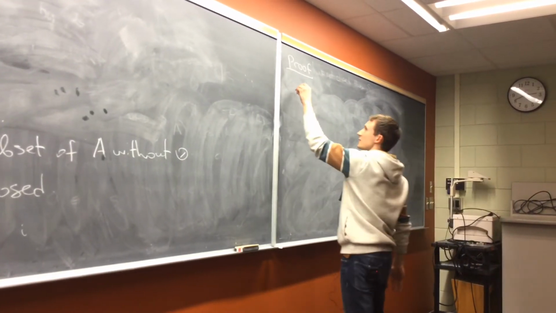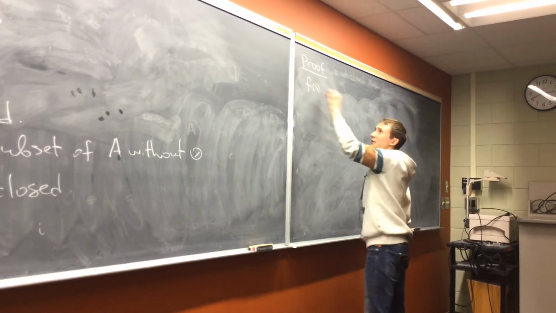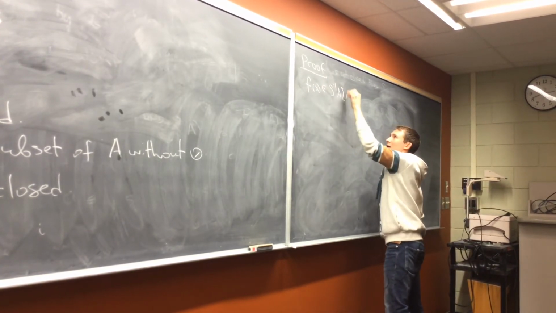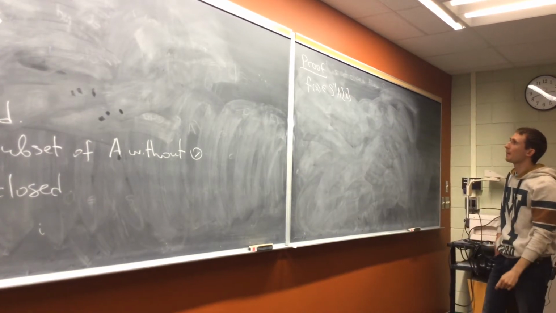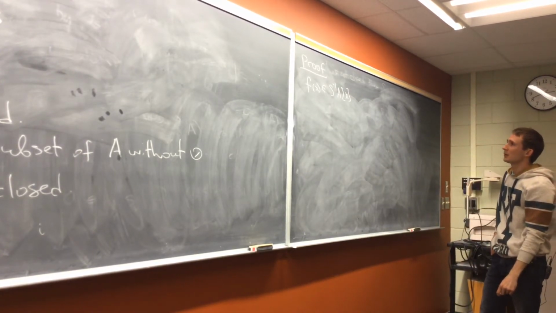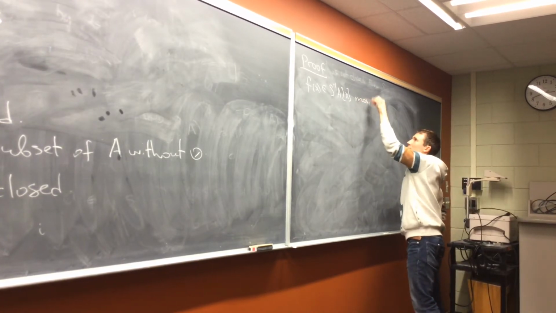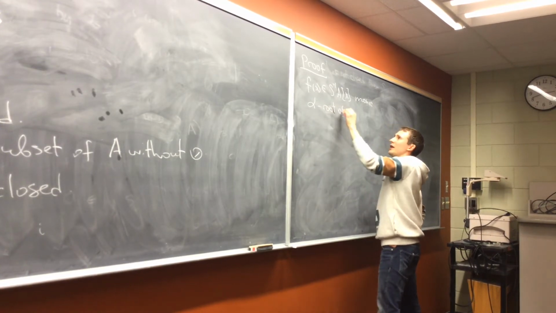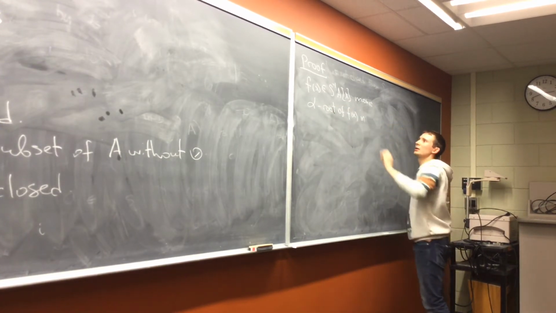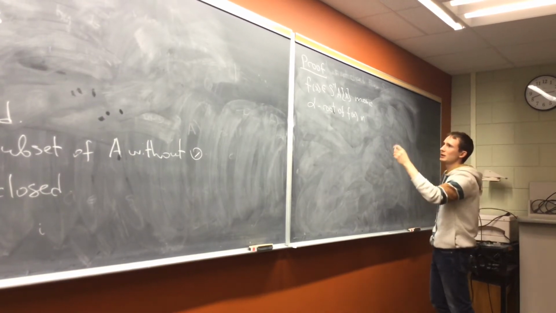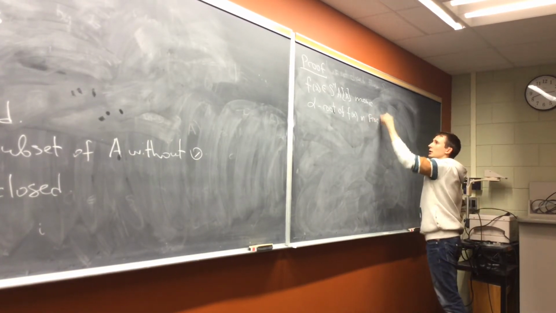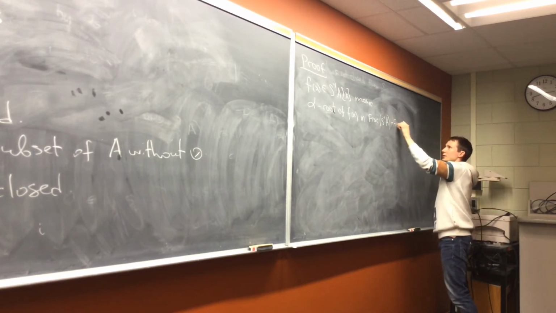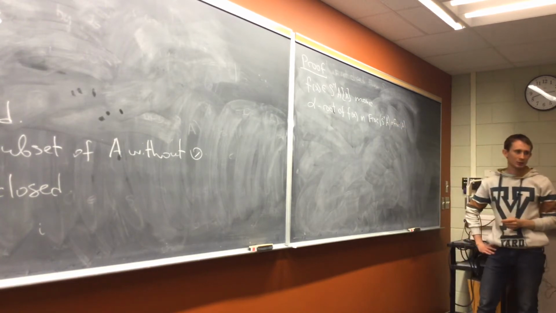I'm going to pick a polynomial f of x from S inverse A adjoin X, and say that it's monic, and that alpha is a root of f of x in the fraction field of S inverse A, which actually coincides with the fraction field of A. Agreed?